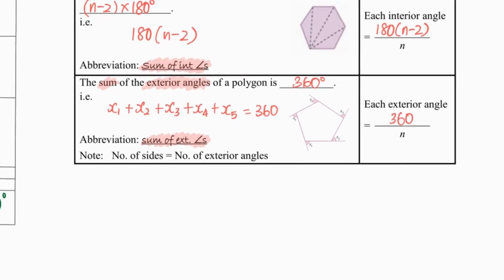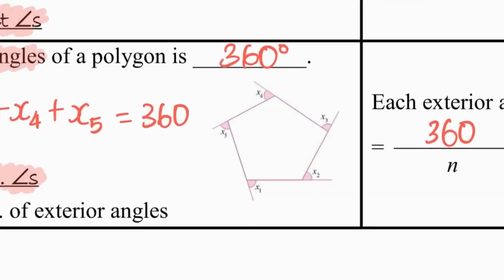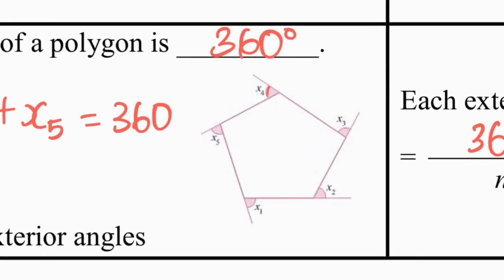This is really important. How we define interior and exterior angle of a polygon. If you look carefully here, this is the exterior angle and this is the interior angle. What do they add up to?